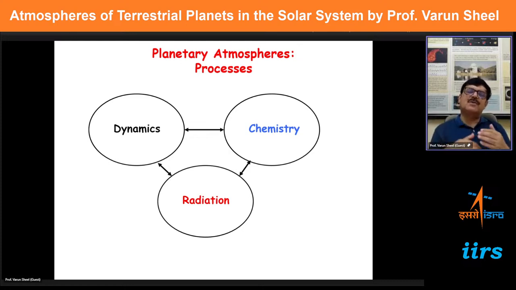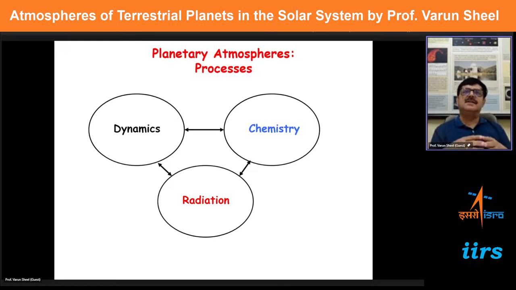And then there could be processes, as all of you know, the movement. The atmosphere is nothing but a gas, so it's a fluid. So there is the movement of this fluid, in terms of winds and the motion of this atmosphere itself. And that could be at various scales. All of you are familiar with winds at smaller scales, where at a seashore you have a sea breeze, or you have longer scale circulations.